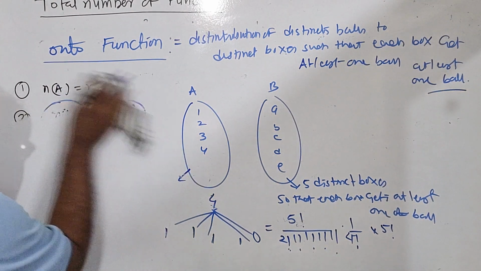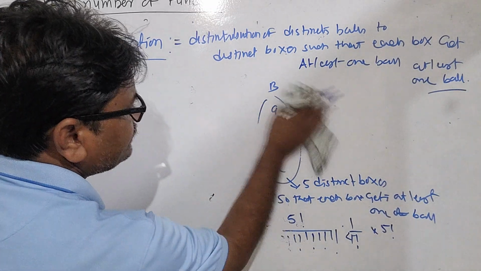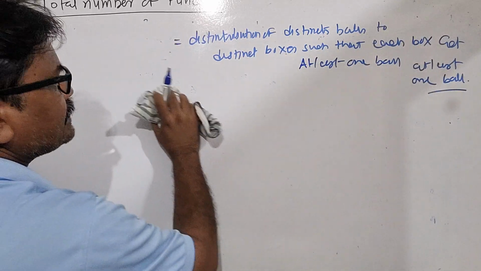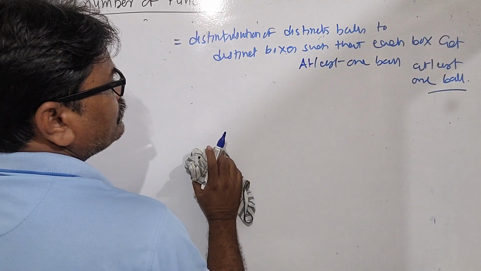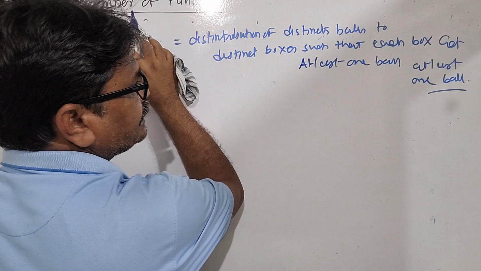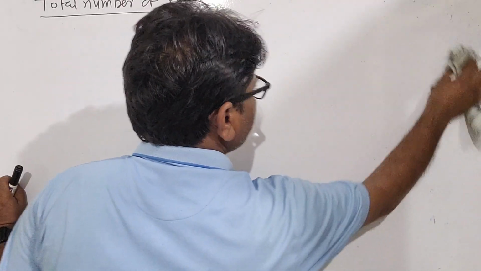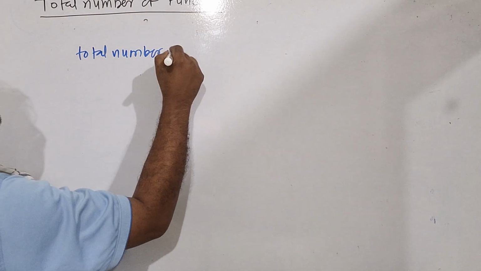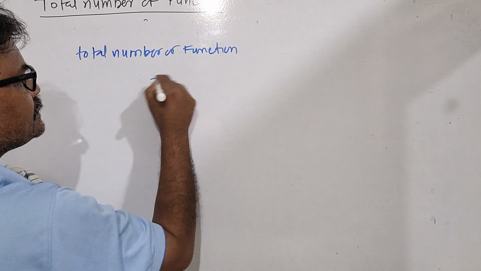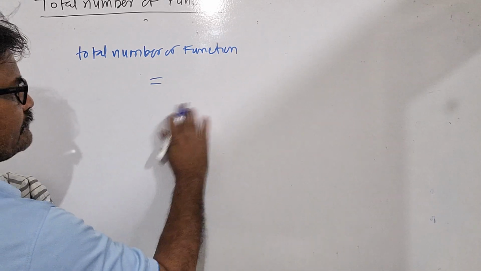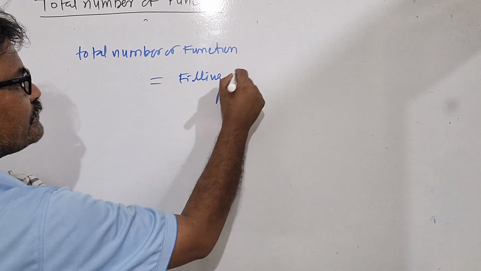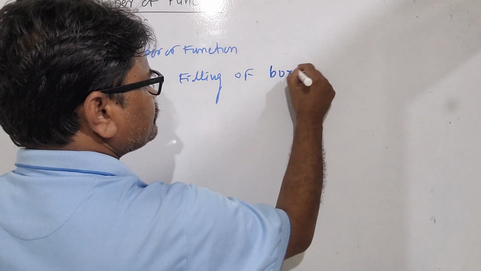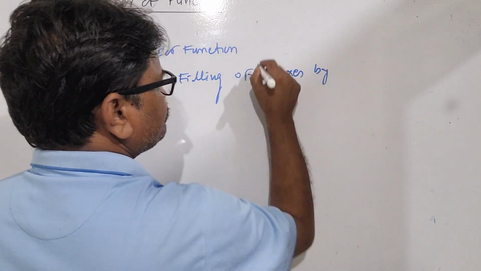One interesting thing regarding functions and permutation and combination, that is the onto function, we have seen that it is equivalent to the distribution of distinct balls to distinct boxes such that each box gets at least one ball. Okay, similarly, the total number of functions is equivalent to say the filling of distinct boxes.